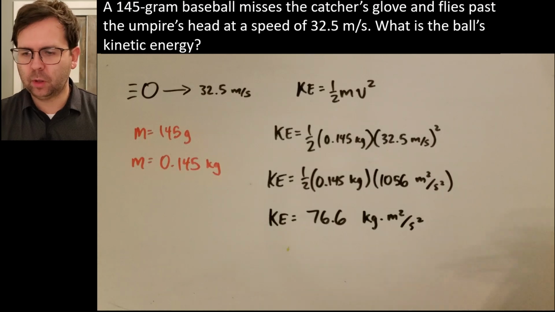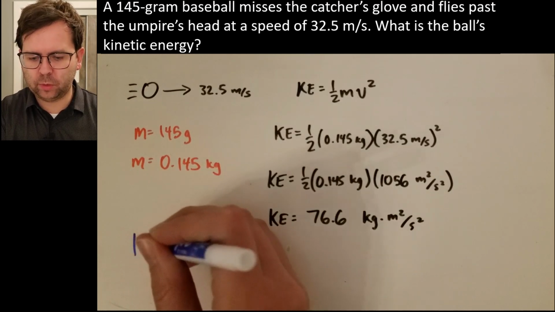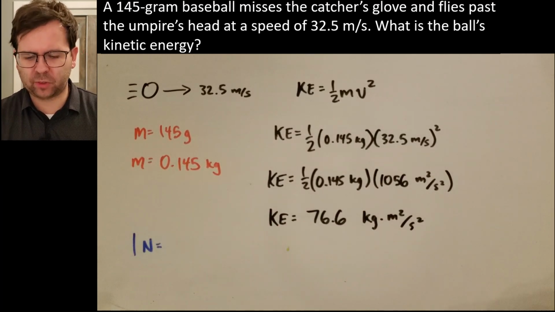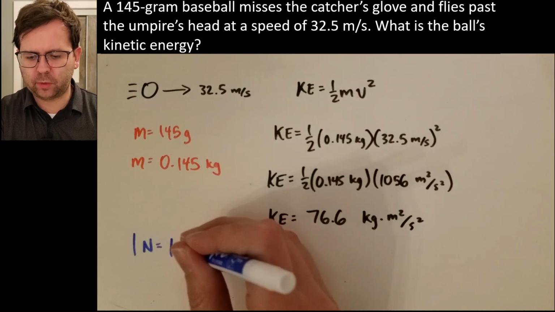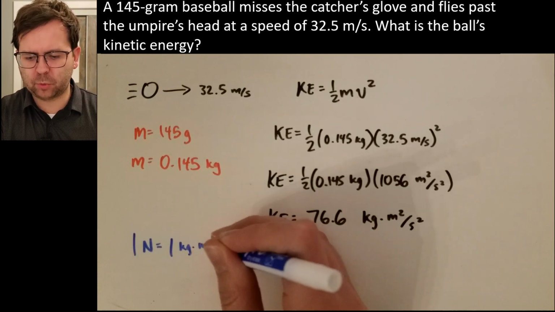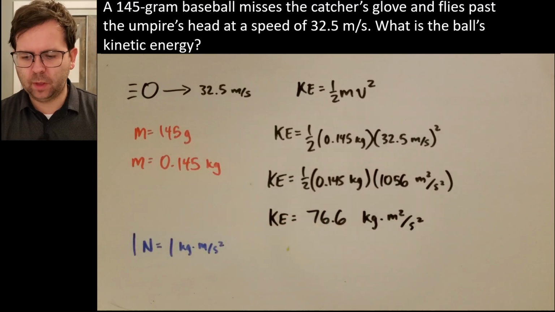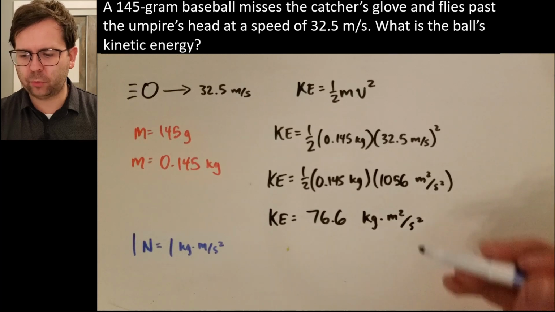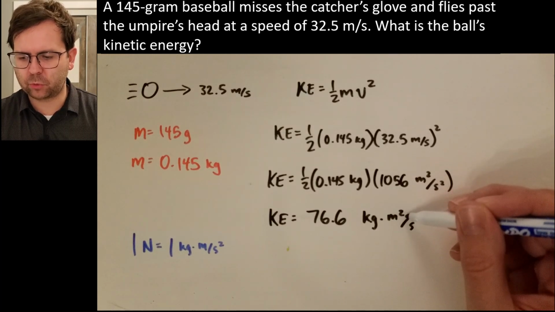Now, if you remember, 1 newton is equal to mass times acceleration, which is 1 kilogram times meter per second squared. That looks very similar to what we have written over here. The only difference is we have an extra meter, meter squared.